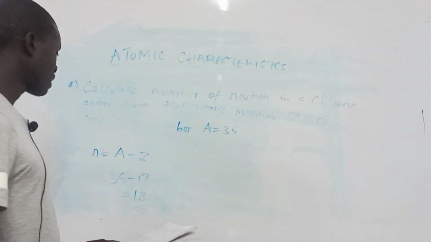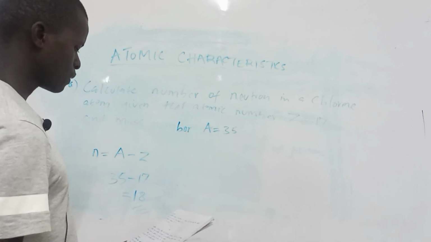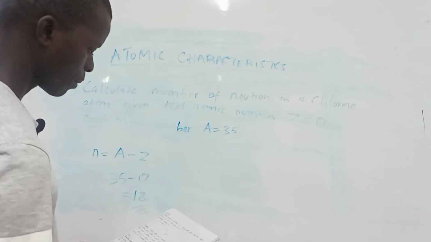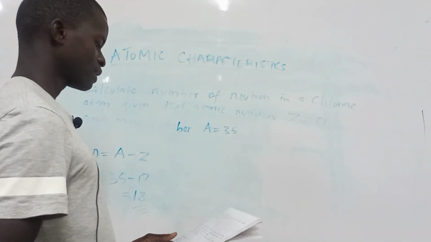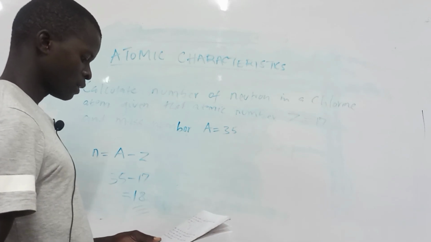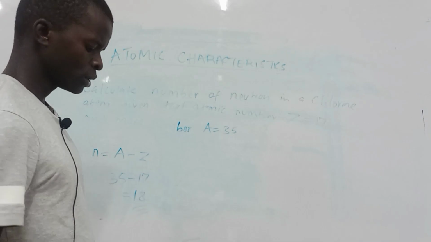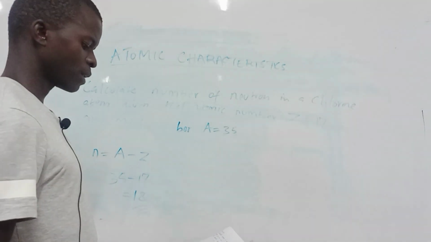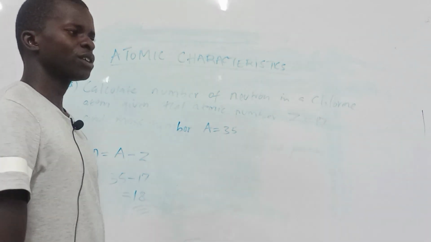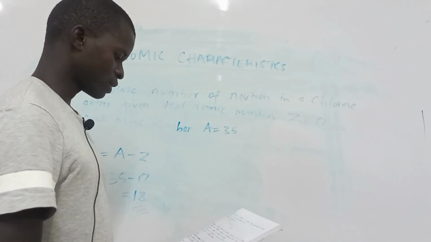Therefore, the chlorine atom has 18 neutrons. Remember that since the number of protons and electrons are equal in an atom, once the atomic number is known, it's the same as the number of protons and the number of electrons. So when you are required to do the atomic structure of an atom, showing the subatomic particles, it is easier once you are given the mass number and the atomic number.